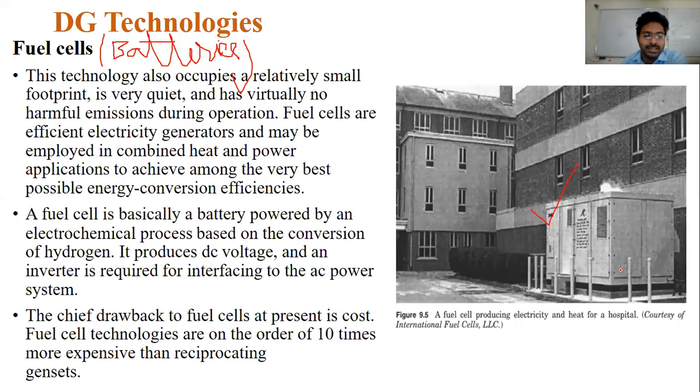Because of this technology improvement, the introduction of these fuels is changing very rapidly, so the cost also changes. In most houses we use batteries to maintain the uninterrupted power supplies.